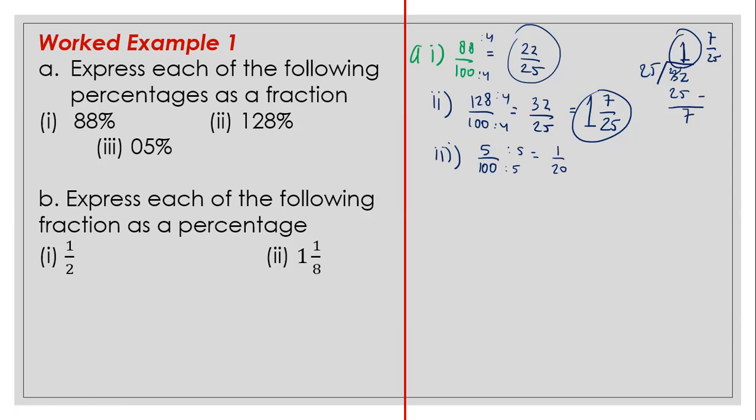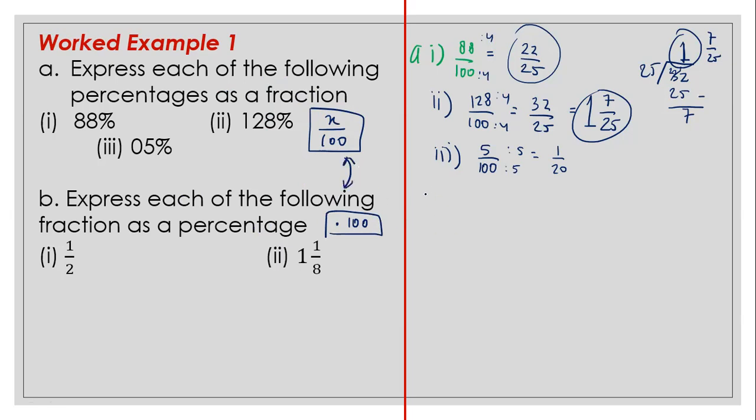For part B, you just switch the order, right? If going from percentage to fraction you put it over 100, x over 100. In this case, you multiply by 100. That's how you do it, because you just switch the operator.